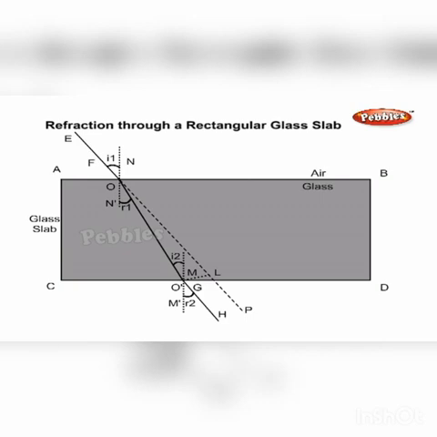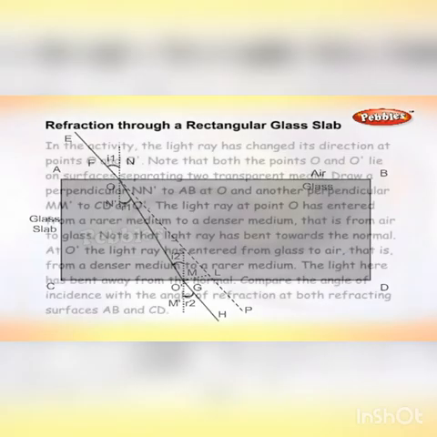Let EF meet AB at O. Similarly, join the positions of tip of the pins G and H and produce it up to the edge CD. Let HG meet CD at O dash. Join O and O dash. Also produce EF up to P, as shown by a dotted line.